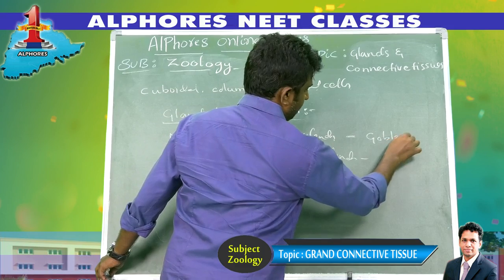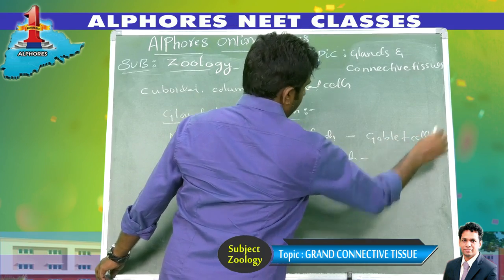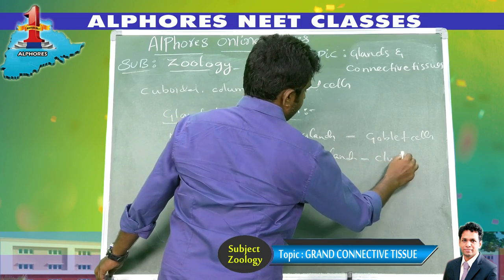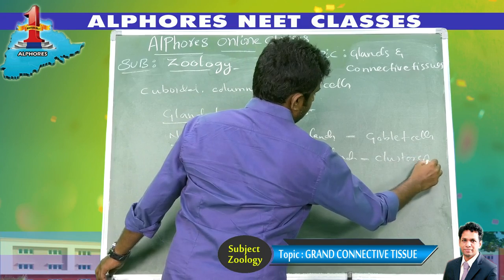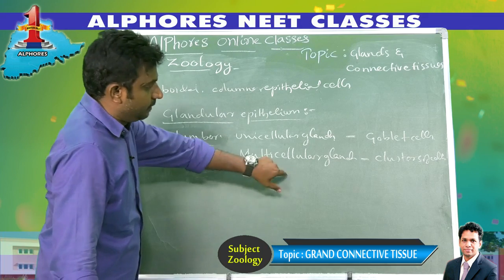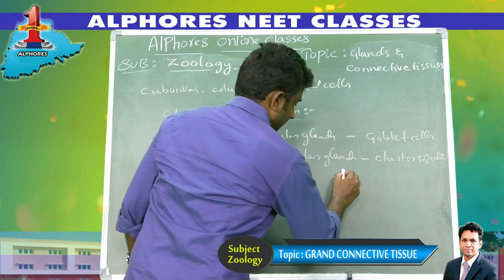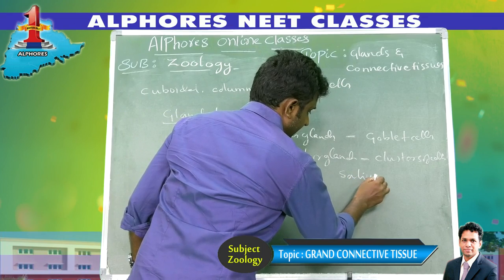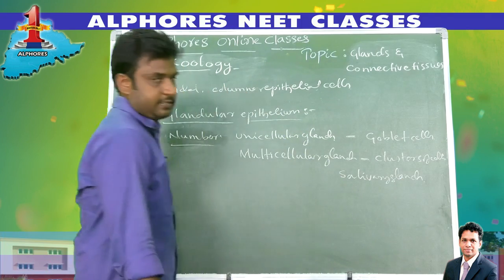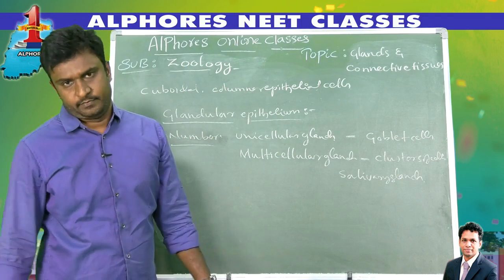Example, goblet cells. In multicellular glands, clusters of cells are present. A group of cells that forms into glands is called multicellular glands. Example for multicellular glands, salivary glands. We discussed this yesterday.